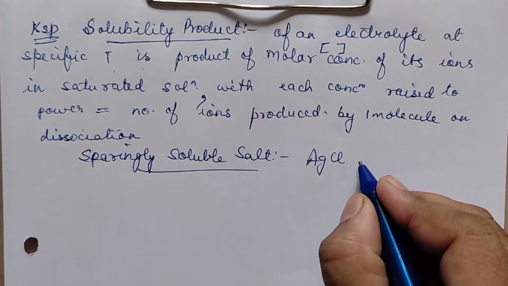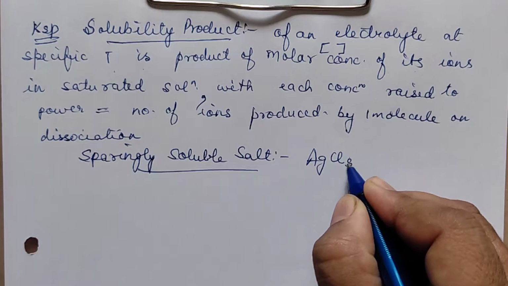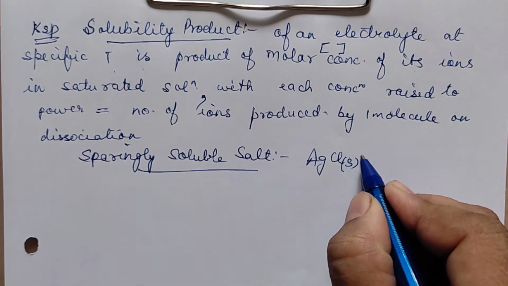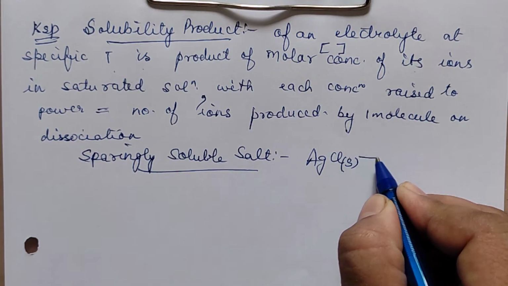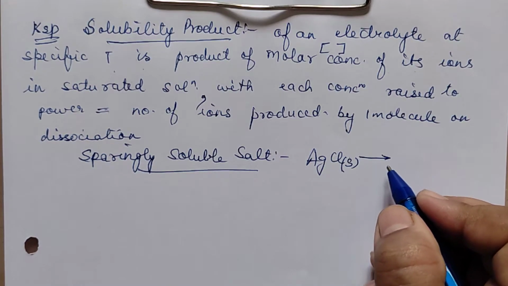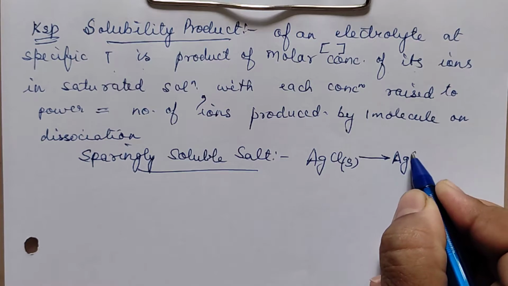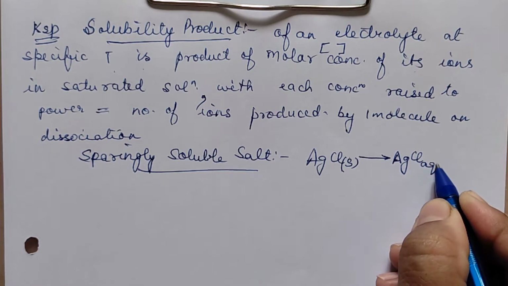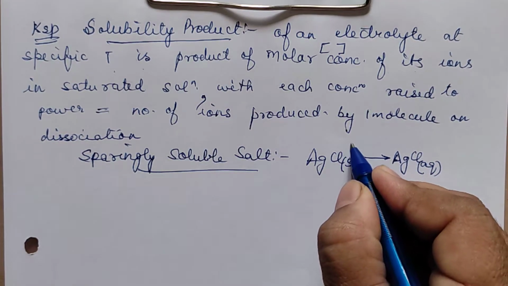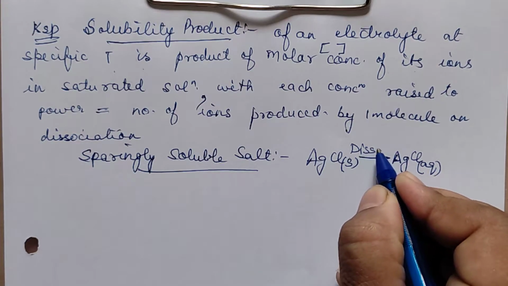So basically what happens is, this is, say, the solid silver chloride and I dissolve it in water. The first step is that it will undergo dissolution. That means we can say it will now be in the aqueous state. This is dissolution, right?